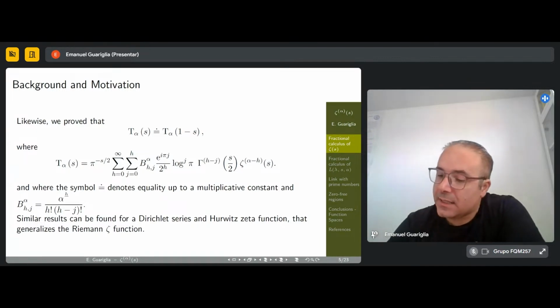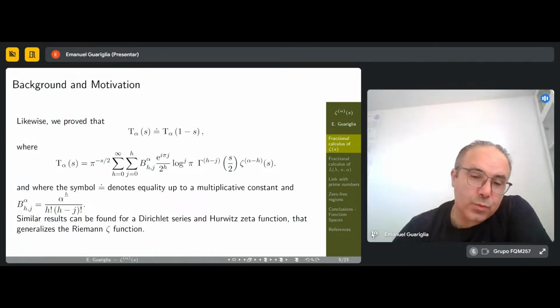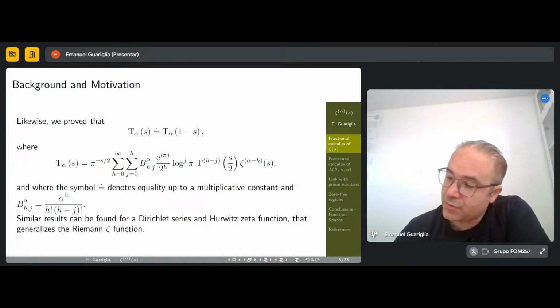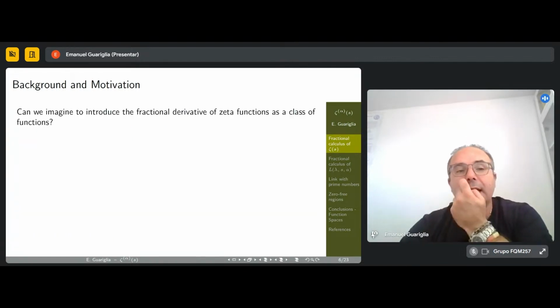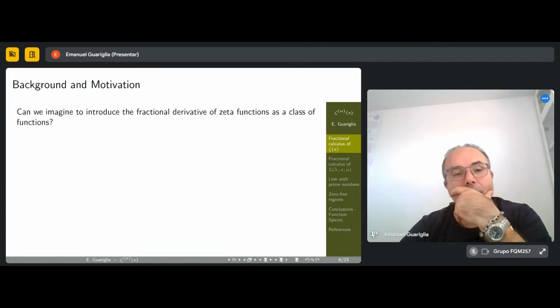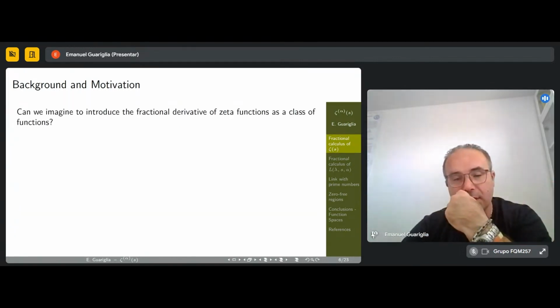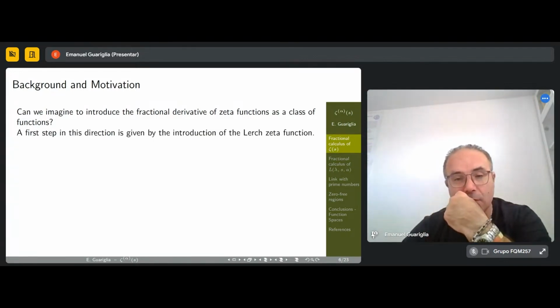These same results can be generalized to generalizations of the Riemann zeta function, i.e. Dirichlet series, Hurwitz zeta function, Lerch zeta function, and so on. The point is how we can work with this fractional derivative and use it for a class of zeta functions.